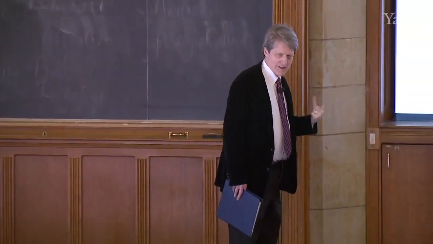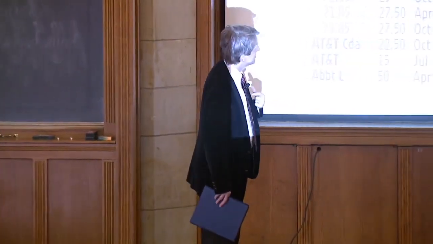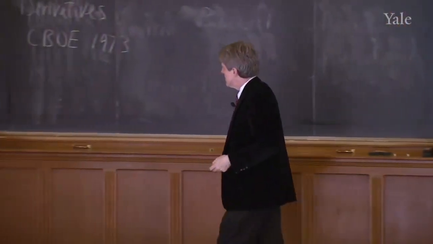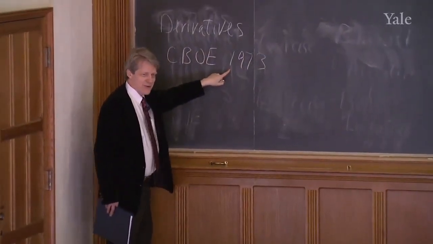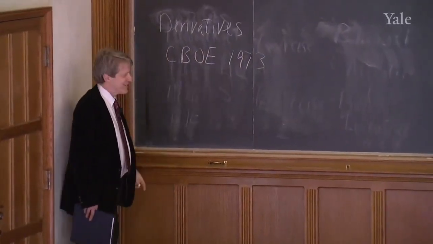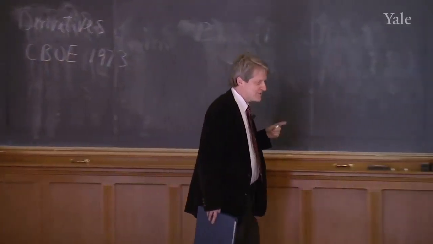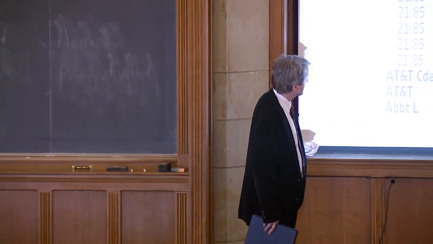It's when they opened a market for options that options trading became a big thing. So options markets are relatively new. I mean, if you consider 73 new, you weren't born then, but it's not really that long ago. Since then, there are many more options exchanges, but CBOE is the first one.